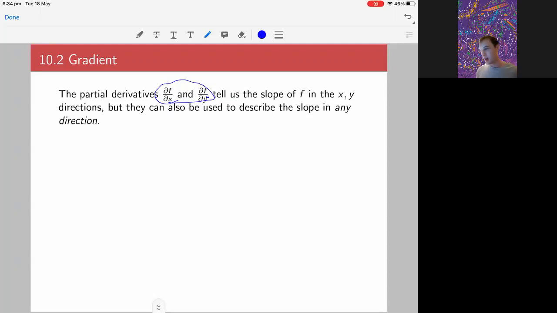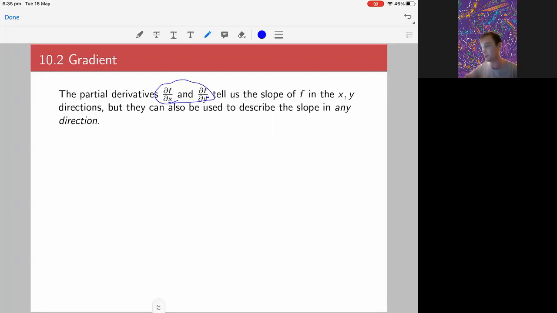However, it turns out that by combining these 2 things into a vector, you can basically use a combination of these 2 real numbers to get the slope of the function traveling in any direction. And the reason we can do this is precisely because of the chain rule.